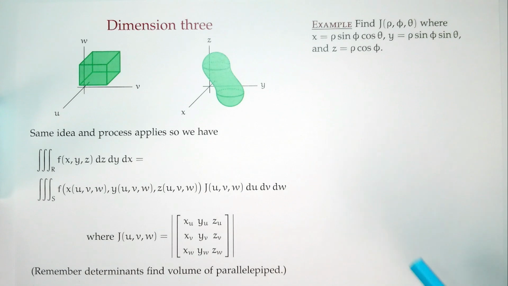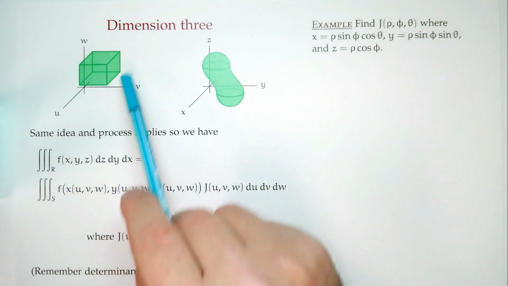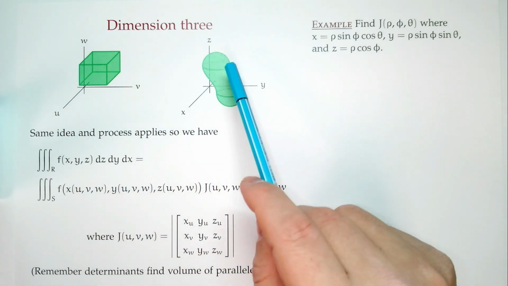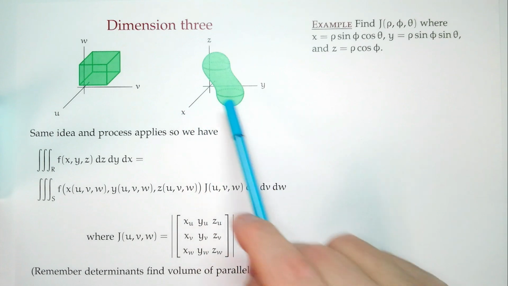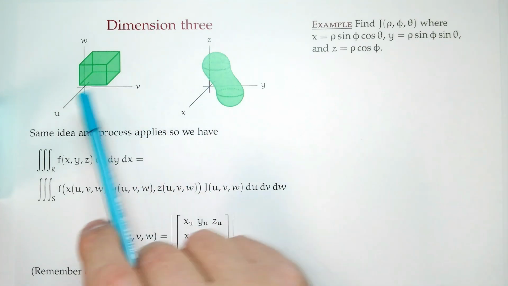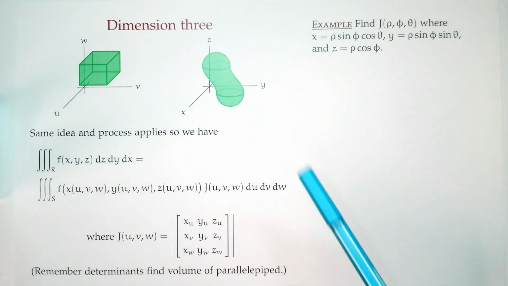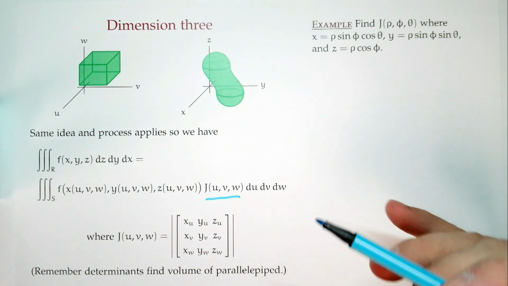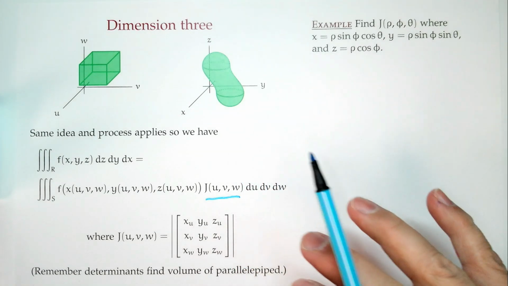Now the same principles apply in 3 dimensions. So what do you have? You have a region, maybe in what we'll call UVW space, and then some sort of blob over an XYZ shape, and you want to go back and forth between the two. And so the only big difference here is the question is, what does your Jacobian become? And the answer is, well, what's happening is in 2 dimensions, we said, you have a parallelogram.